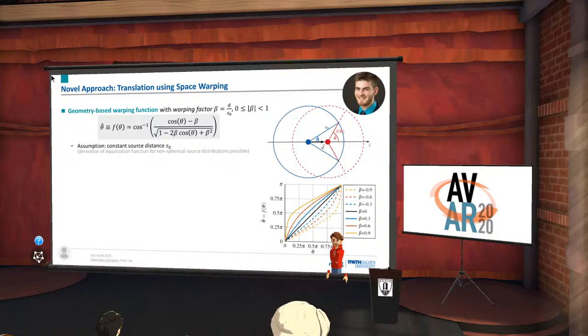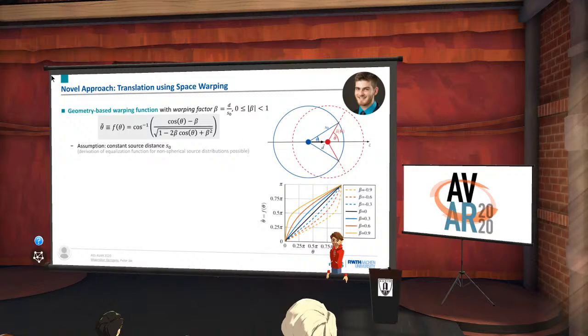So now we have the space warping, and we plug in a geometry-based warping function. And this complex formula that you see here is nothing else than what you see on the top right plot. So imagine you're at the position of the blue dot, and you have sources at a constant source distance S0, which means the blue circle that you see there.